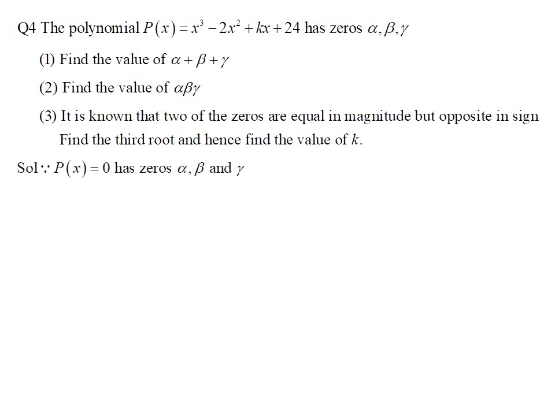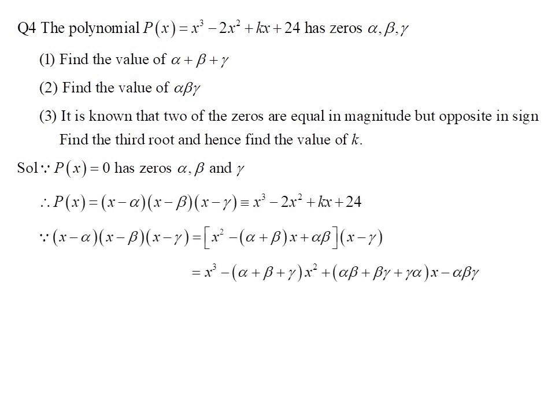Since alpha, beta, and gamma are zeros of this cubic polynomial, the product of x minus alpha, x minus beta, and x minus gamma is equivalent to the cubic polynomial p(x). After the left-hand side of the equation is expanded, the coefficient equating method is applied.